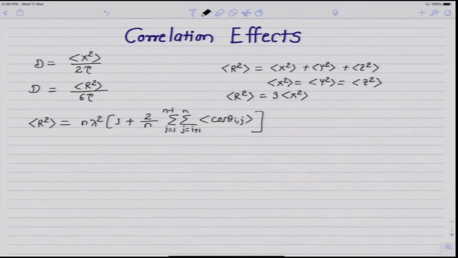Now, this expression for mean square displacement is valid for any type of jumps, whether random or not. If the jumps are truly random, then we have seen the average of cos theta i j here is 0, and so we get average r square equal to n lambda square.